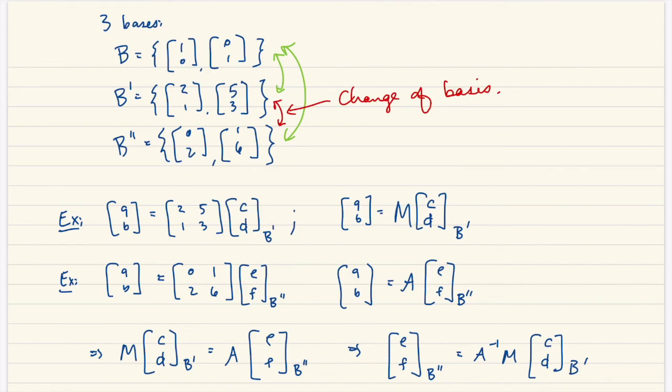So first we apply the transformation to get from B prime to B, and then from B to B double prime. Okay, and we end up with our formula there. There's our change of basis formula.